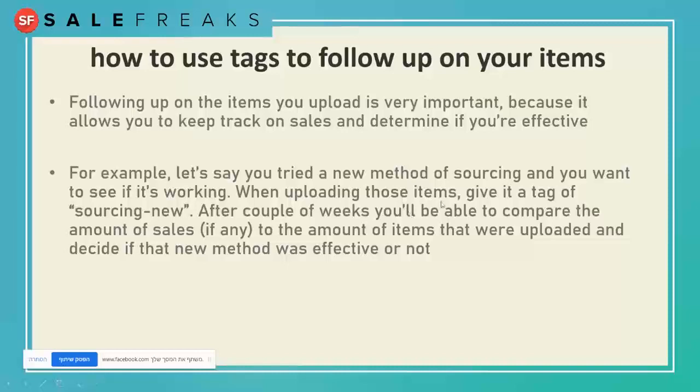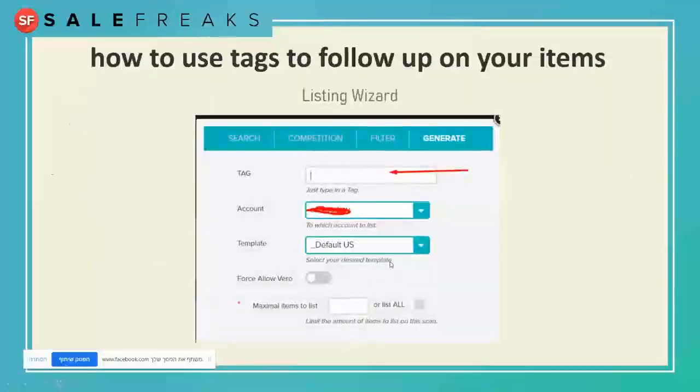When uploading those items, give them a tag, for example, sourcing new. After a couple of weeks, you'll be able to compare the amount of sales, if there were any, to the amount of items that were uploaded, and then decide if the new method was effective or not.